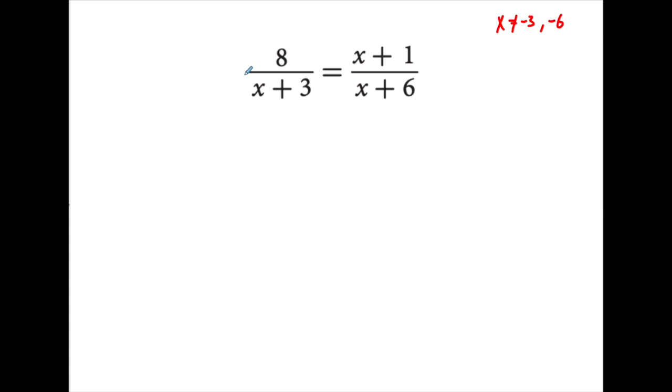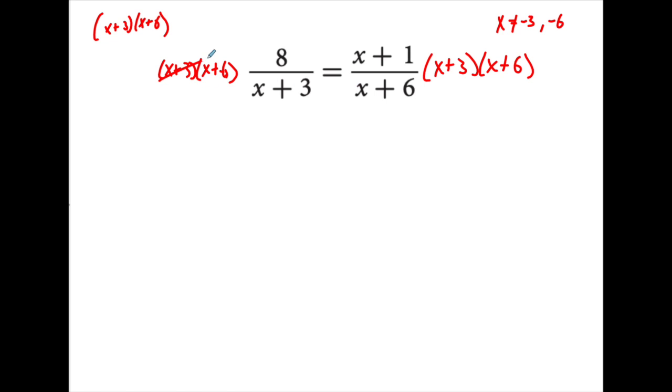Now we need to find the least common denominator, and that is x plus 3 times x plus 6. Okay, and again, you're going to think about your strategy here. All your denominators need to go away. Now your numerators might be affected, but in the end, all of your denominators should be gone, and you need to be doing the same thing on both sides of the equation.